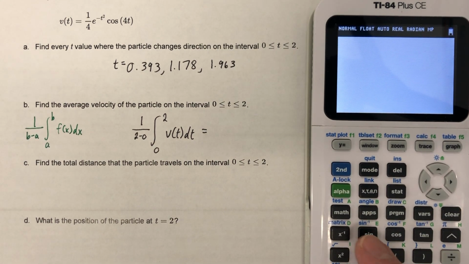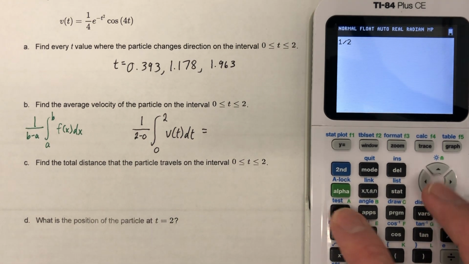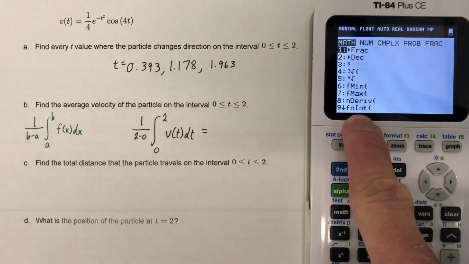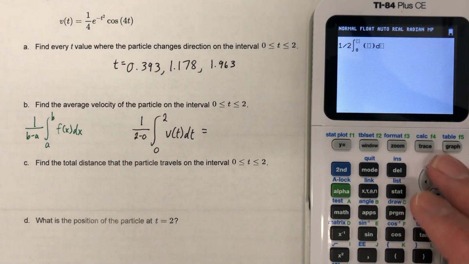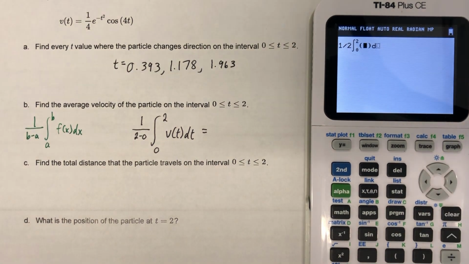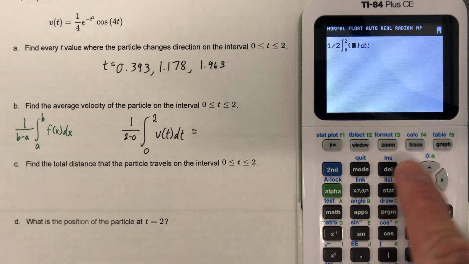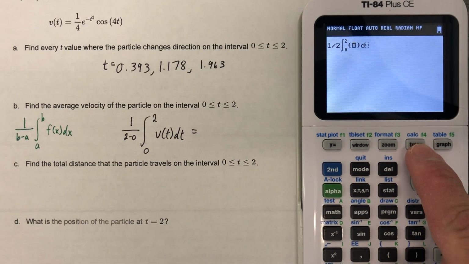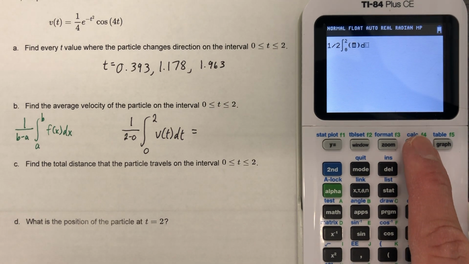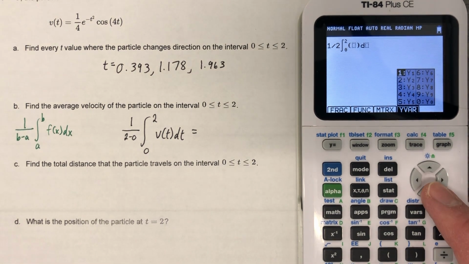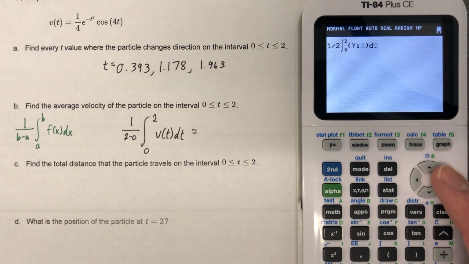So let's see. I need 1/2 times math, and it's the integral, 9, from 0 to 2 of our function, and here's how we retrieve a function. It's alpha and trace. It's like the F4 on my calculator. It's that little green F4. And the velocity function is y1.